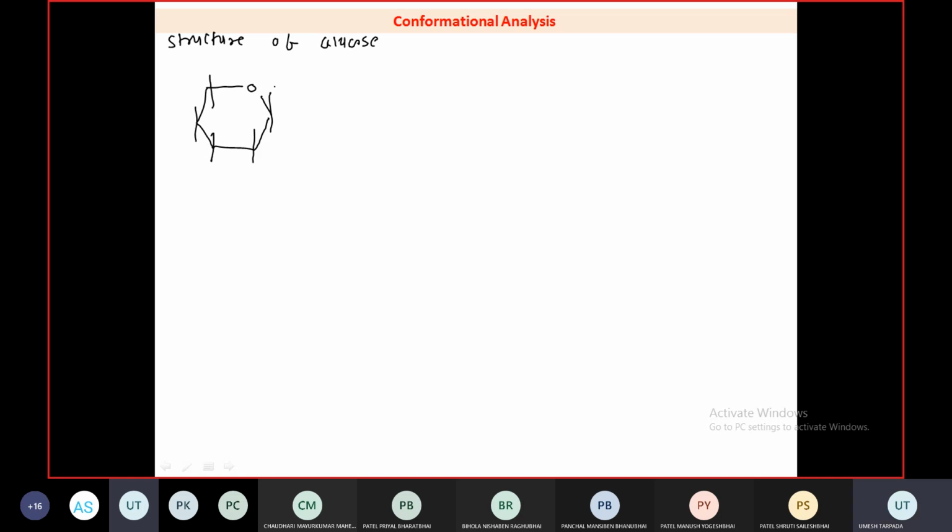Now here the OH group is above the plane, so this form is called the beta form, beta D glucose. And if it is below the plane, you call it alpha D glucose. So this is alpha D glucose and this is beta D glucose.